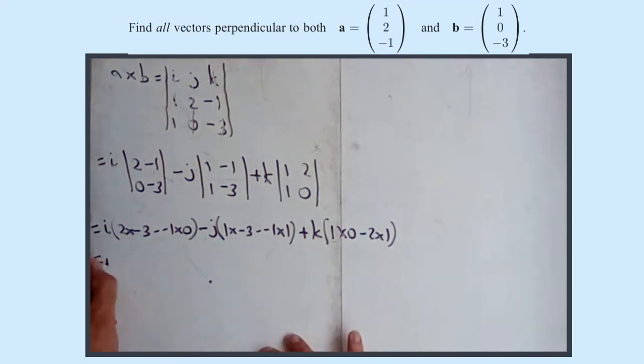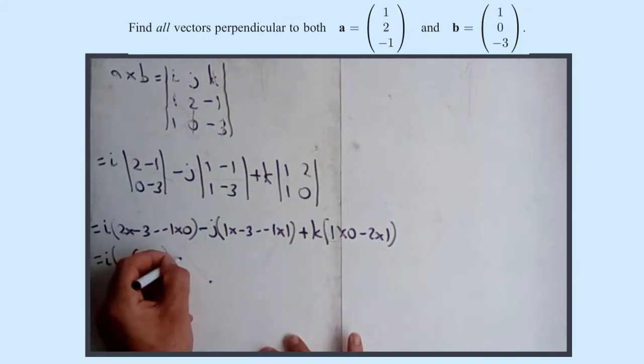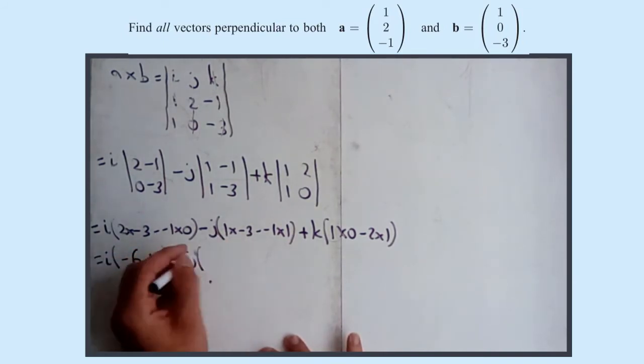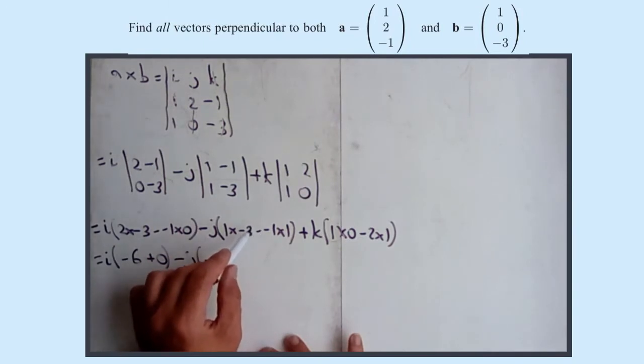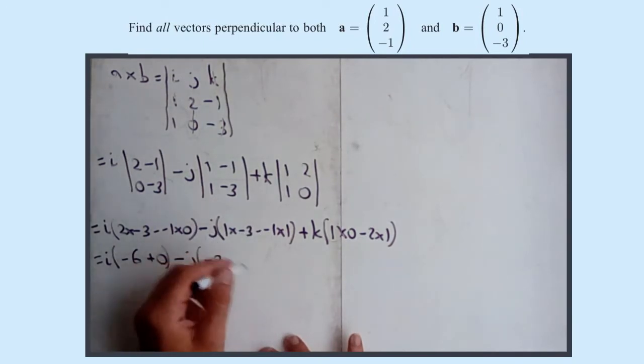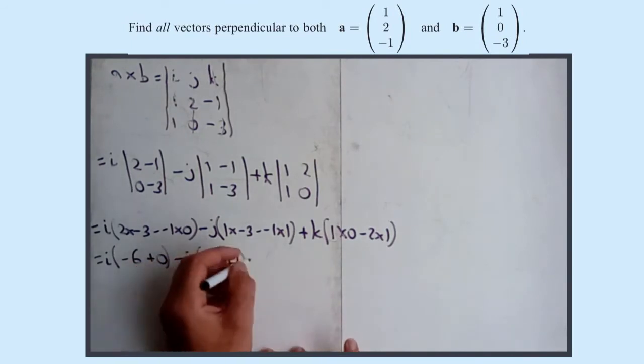So that equals i times, well, 2 times -3 is -6, 1 times 0 is 0, so it's plus 0, which doesn't really matter. Minus j, and you've got 1 times -3 is -3, and then 1 times 1 is 1, 1 times -1 is -1, so -3 plus 1.